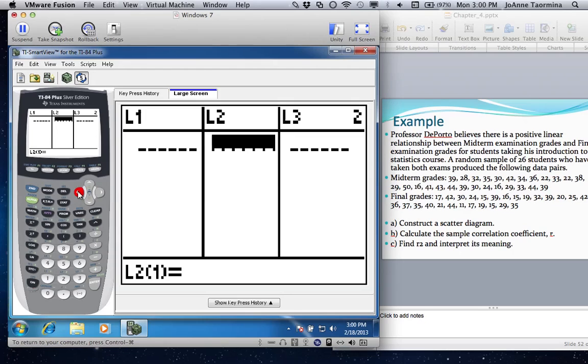Okay. So I'm going to put the midterm grades in L1 and the final grades in L2.